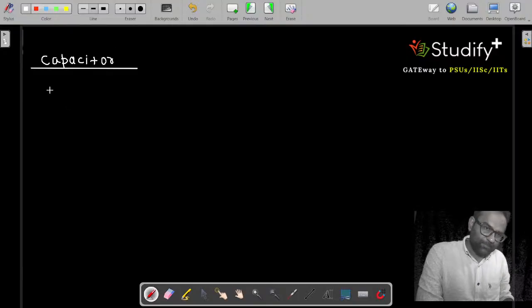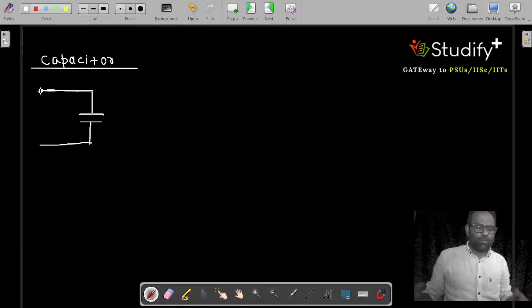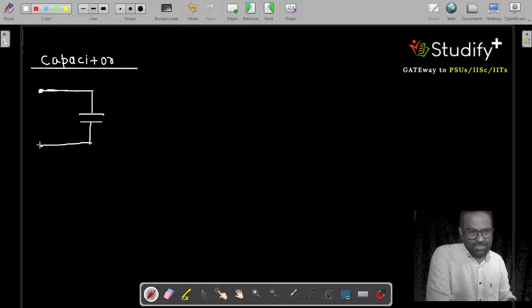Capacitor. This is one capacitor. And we don't want to focus on the AC behavior, we will discuss that in AC analysis.